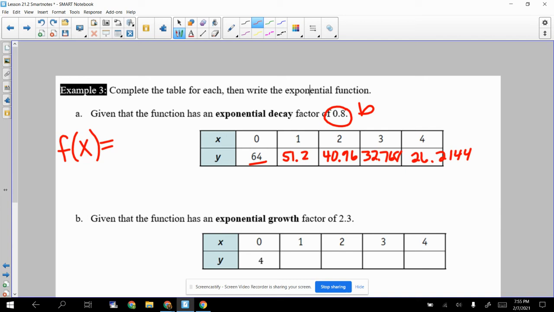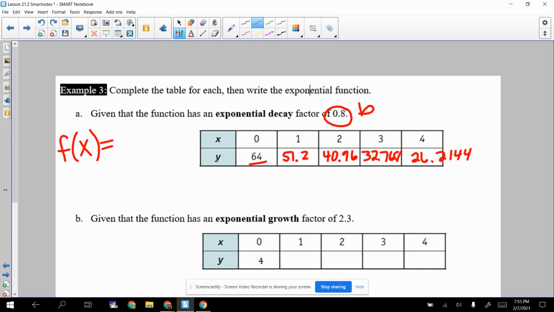Okay, and then the next part says complete the table and then write the exponential function. So we're going to go ahead and do that now. And again, I already kind of told you guys that the b value is given to us. That's the exponential growth or decay factor. So you know that piece.